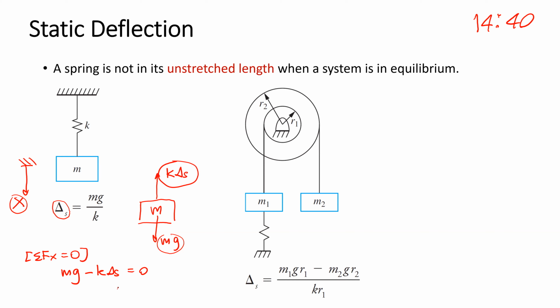So in this simple case, we know that the static equilibrium is the equilibrium of the gravitational force and the stiffness of the spring. If the spring has high stiffness, the deformation for the static equilibrium will be small.